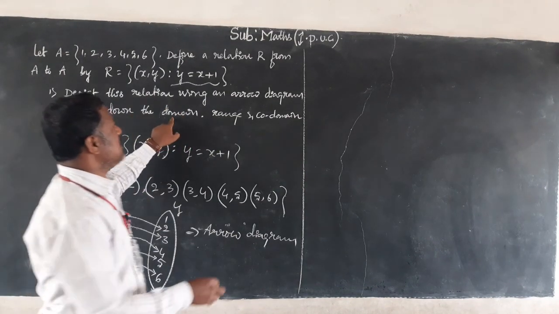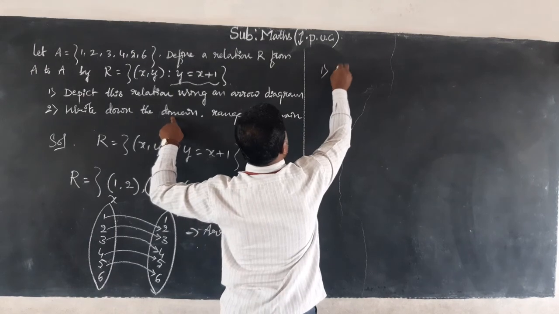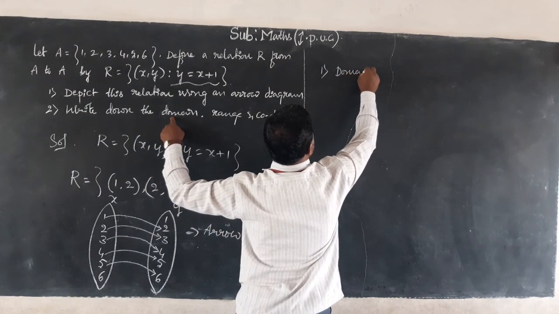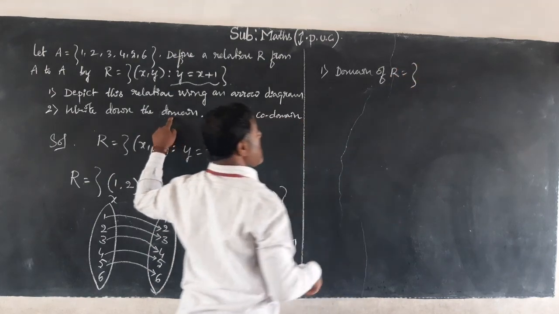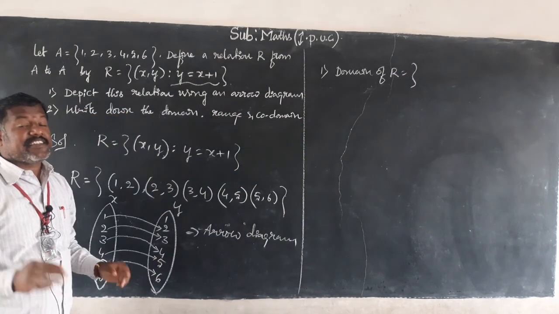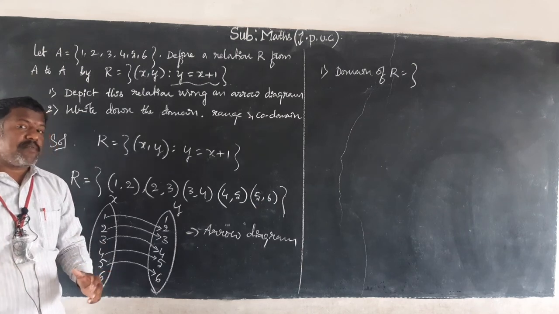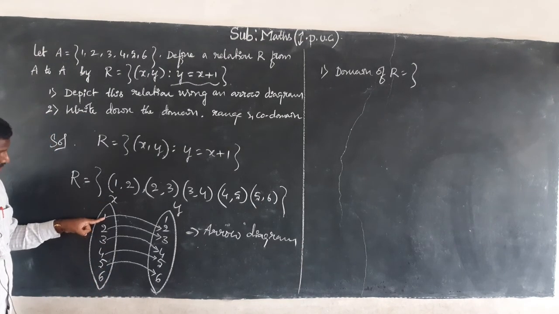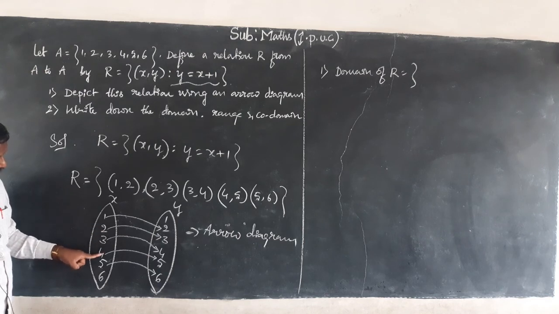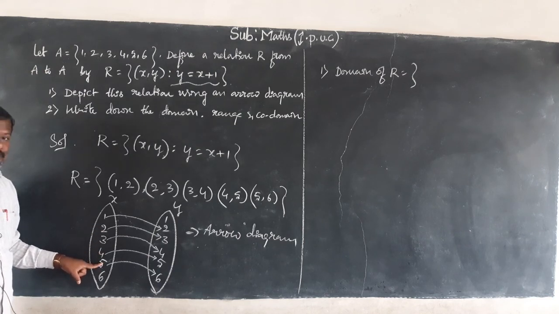It's very simple. Let us take the first, domain of R. So domain of R is nothing but the connective elements of first set to second set. Here the connective elements are 1 2 3 4 5. What do you mean domain?